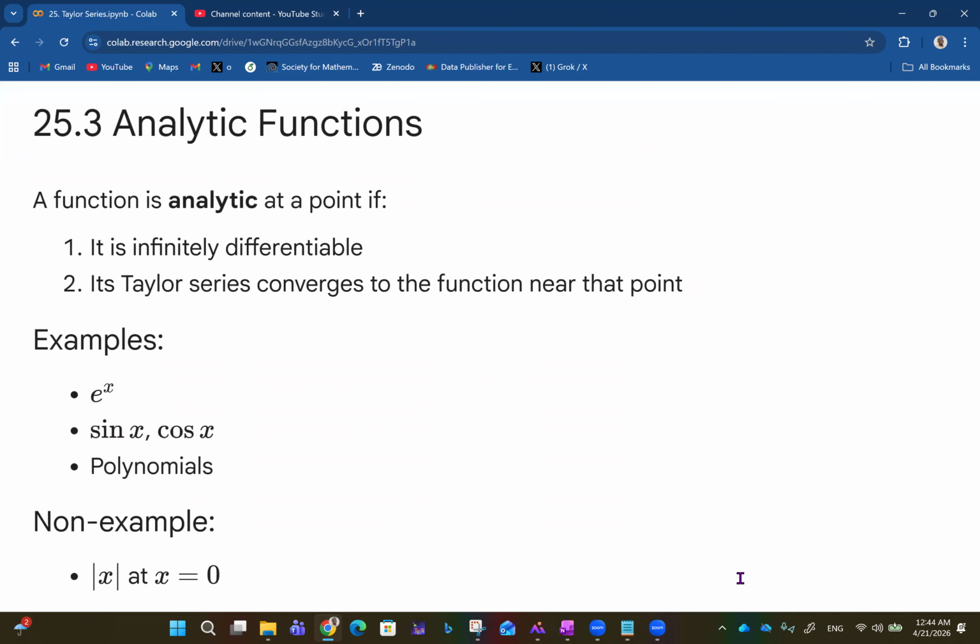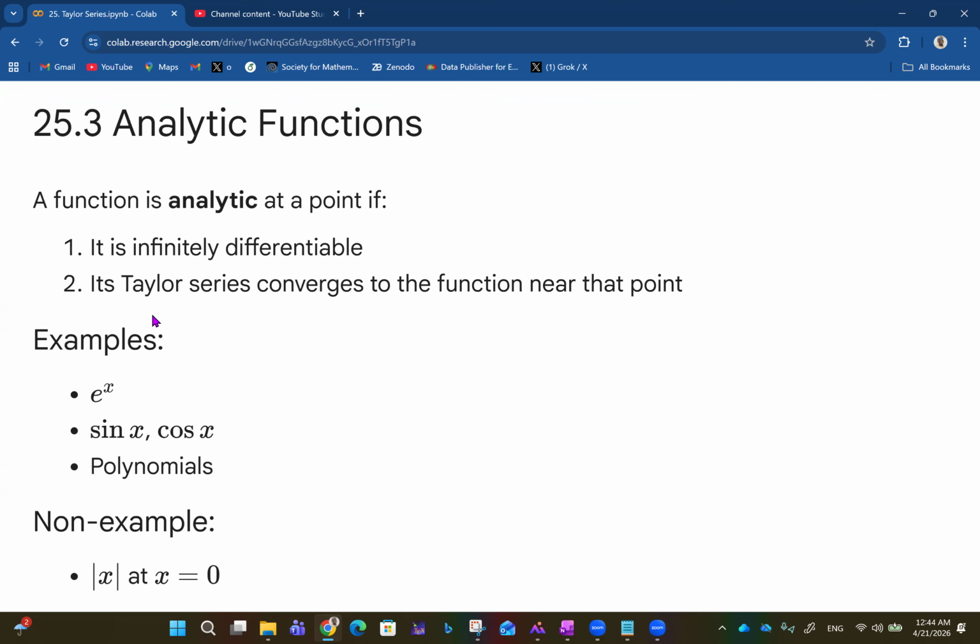For analytic functions, a function is analytic at a point if it is infinitely differentiable. And of course, that has certain implications. Part of it is that it obeys the Cauchy-Riemann equations and all of that. If a function is analytic, it also means that its integral along a closed path is 0 and all of that.